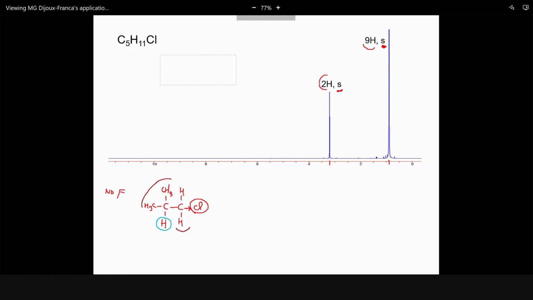And what would be the shape of each signal? For the CH2, for example.